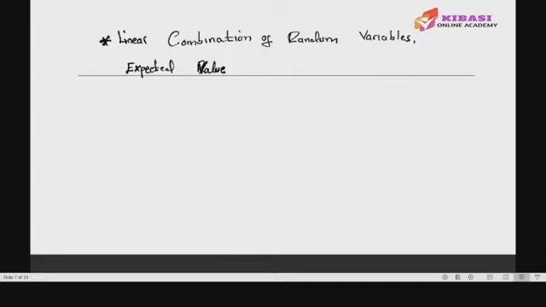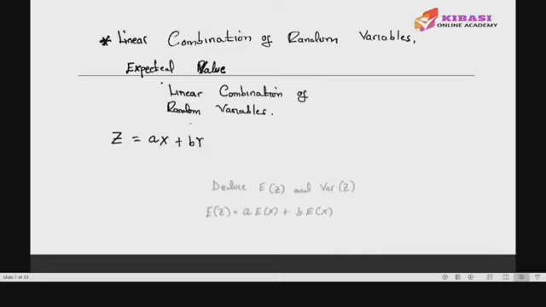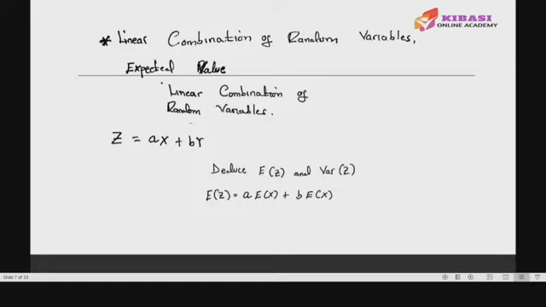Then we have a linear combination of random variable. Expected value yake inakuwa iko hivi. Then we have this linear equation. Z is equal to ax plus by. Deduce expected ya z and variance ya z. So tutafuta expected ya z, tutasubstitute out a, then itakuwa ni expected ya x plus tutasubstitute b, itakuwa expected ya y.